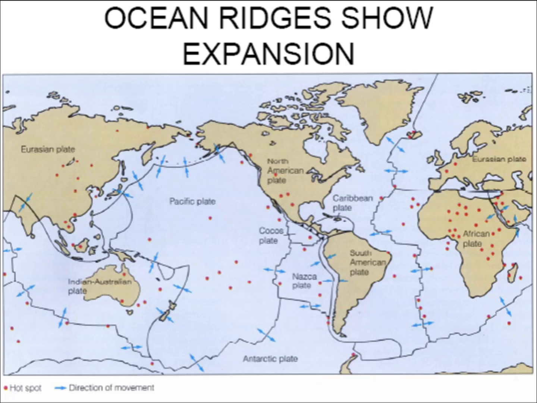If you look at the ridge that goes and forms the Pacific Ocean, you'll see that both sides of the plate are moving away from each other. There is one part on this map where the two are moving together, and I'll explain what that is in a moment.